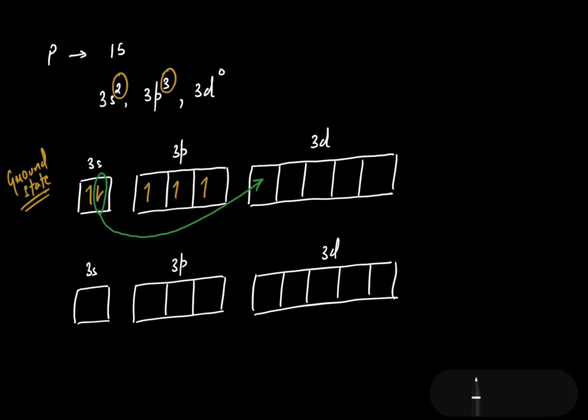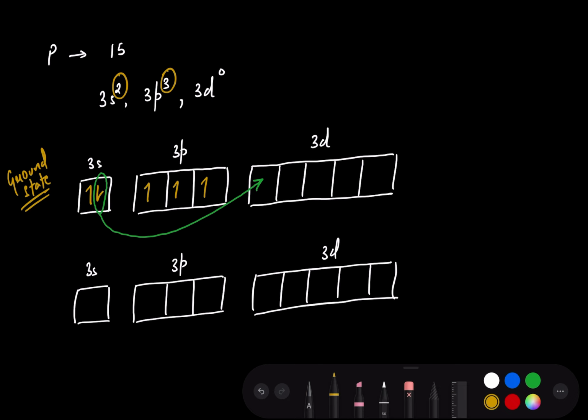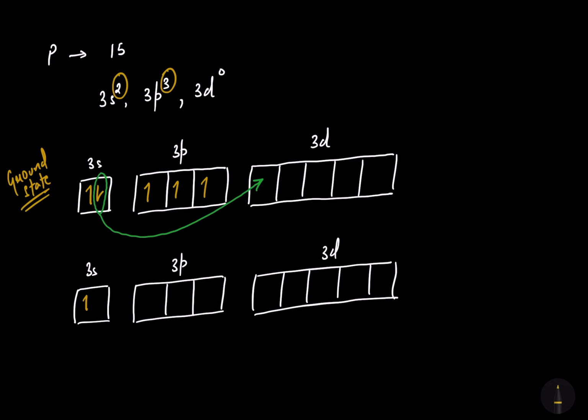Now here the 1 electron has been jumped from 3s to the 3d. So 3s is left with only 1 electron. 3 electrons were in the 3p, and the excited electron from 3s has entered the 3d orbital. So that's called the excited state.